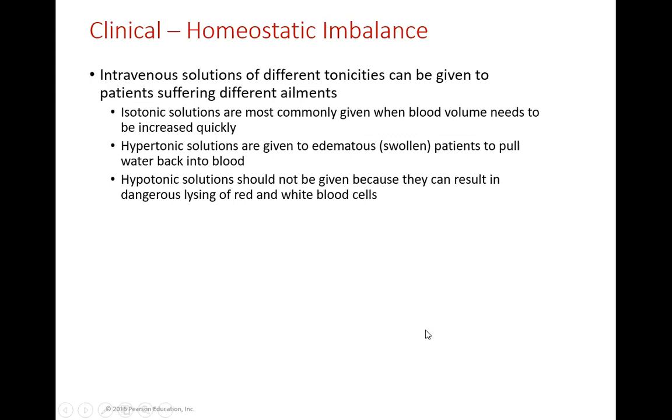Now, sometimes, getting into the whole IV approach, when a person has been bleeding out and we don't have any blood available immediately, you can start an IV with what we call normal saline, 0.9% sodium chloride. It matches the salt concentration in blood. It's a volume expander.